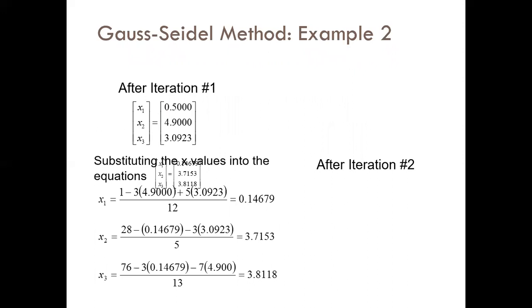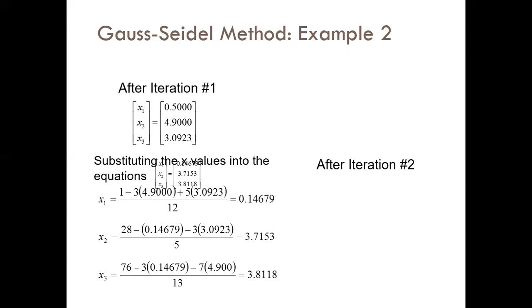For iteration number 2, the initial values are 0.5, 4.9 and 3.0923. Then put the values of x2 and x3 in the equation for x1: 1 minus 3 into 4.9 plus 5 into 3.0923 divided by 12 is equal to 0.14679.